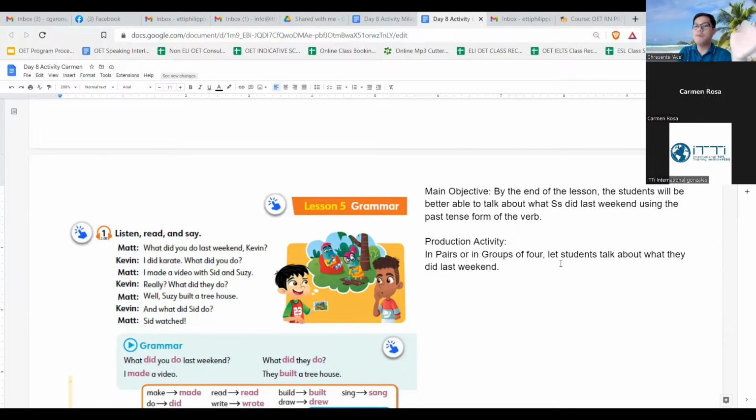Either way, the outcome would still be using the past simple of the verb. So you don't call on students to share with the whole class? It's better if they do it in groups. I don't normally ask students to stand in pairs or individually to make a presentation or to talk in front.